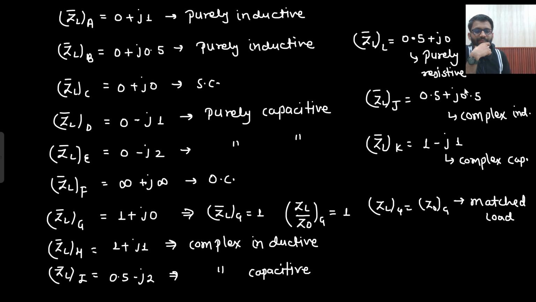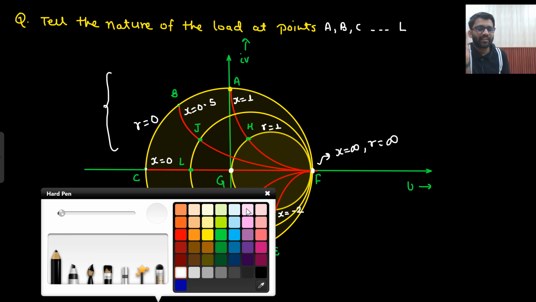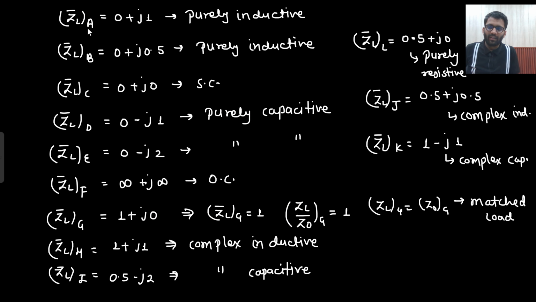What is that? On the Smith chart, this upper part will be inductive load. It could be complex inductive or purely inductive. You see at points A, B, J, H, all are inductive.